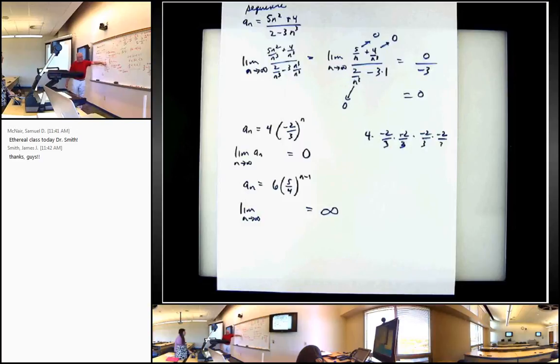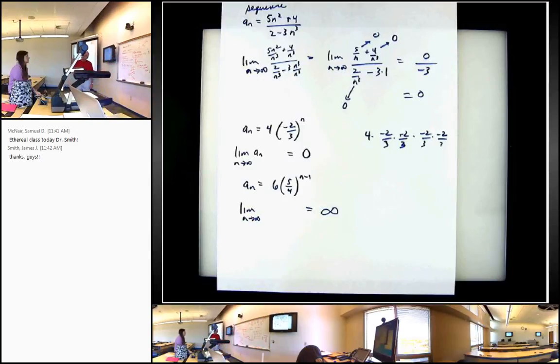When n is odd, it becomes a negative number. So part of it is going to negative infinity, and part of it is going to positive infinity. So in that case, the limit doesn't exist because the limit is only one single number. Do you see how that branches off two ways?